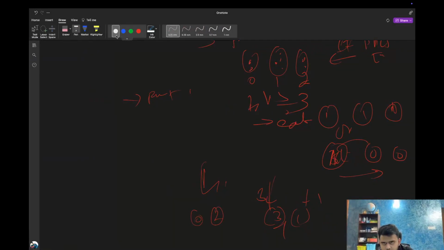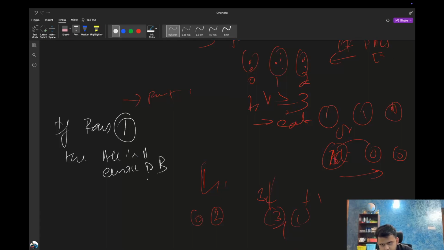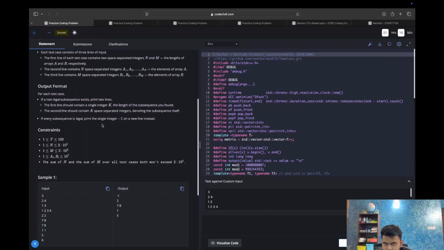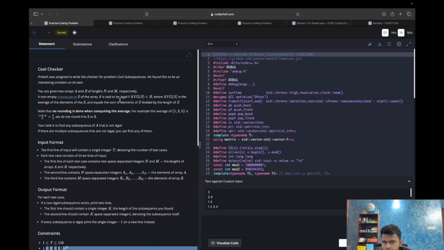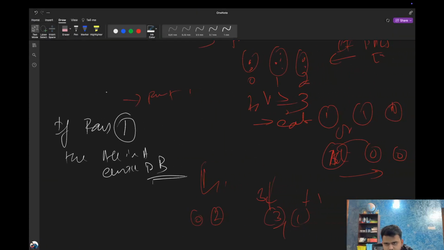So if it passes 1, then all in A exists in B. Is there any condition on length of n and m? No. Yes and B. If it passes 2, all odd or all even.